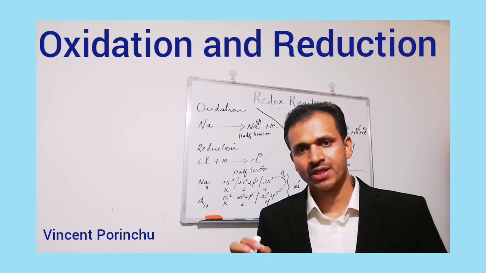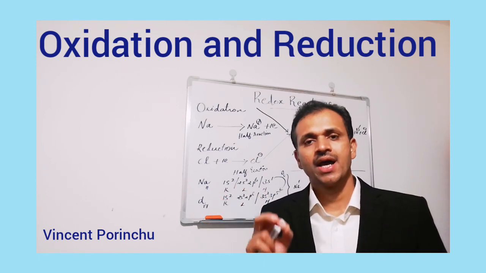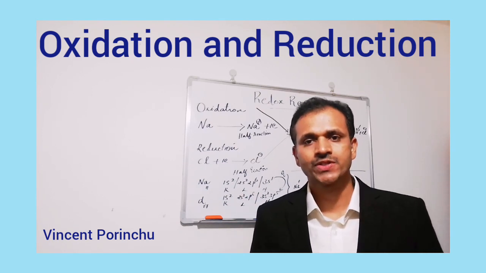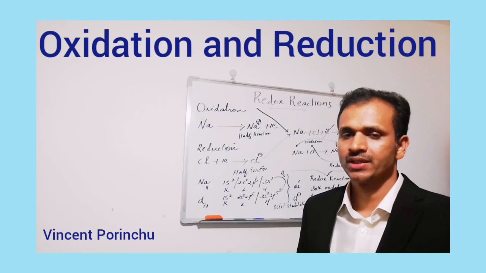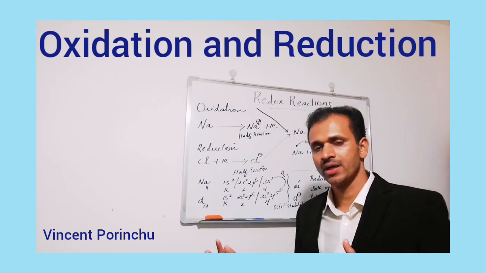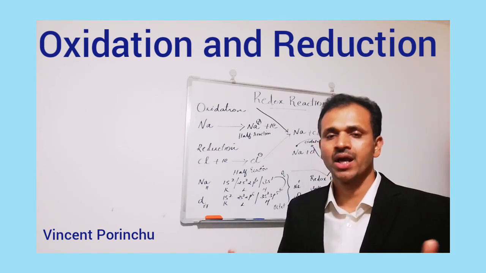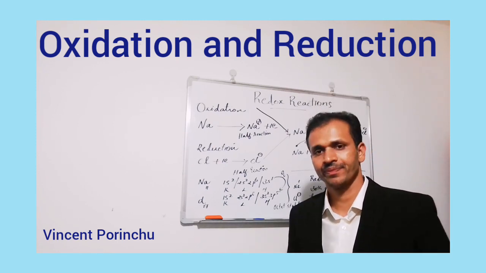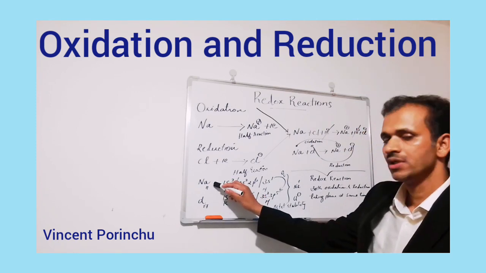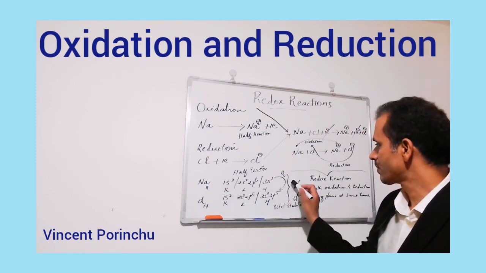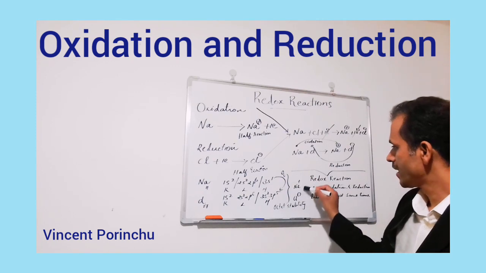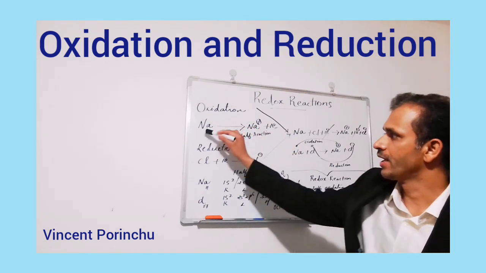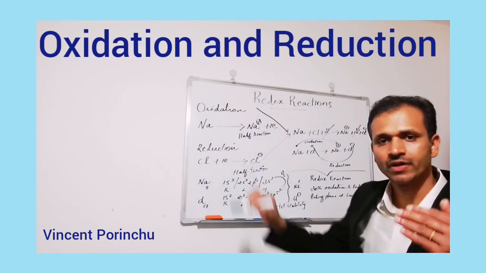Octet stability means that if an atom or ion has 8 electrons in its outermost orbital, that atom or ion is more stable compared to its parent atom or ion. So if sodium loses its outermost electron, it forms Na positive, and that Na positive becomes more stable than the sodium atom because of octet stability.